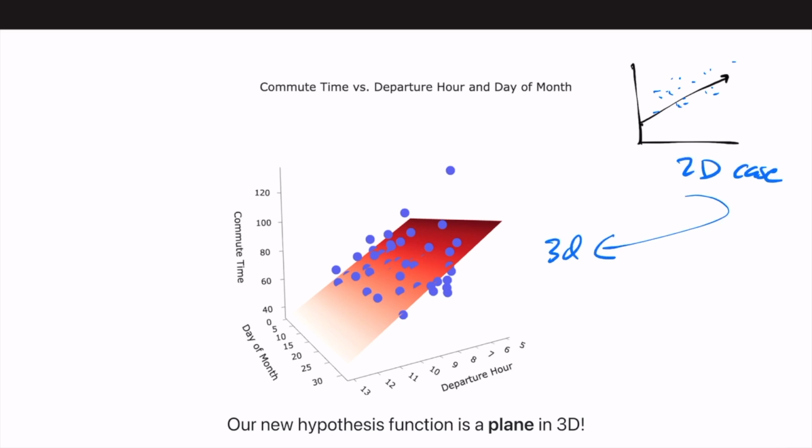Now this is the 3D case, where we've added on, maybe this would have been commute time, and this would have been departure hour, so we've added on day of month. And of course, this plane is going to pass through commute time somewhere on that axis, and that will be our y-intercept.